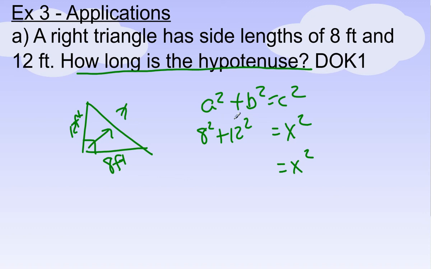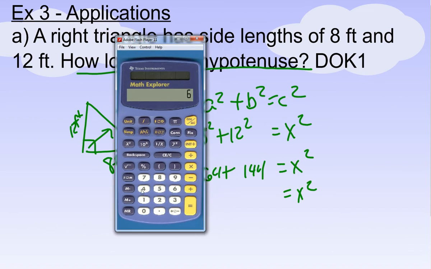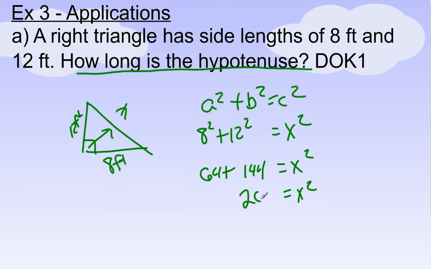Over here, though, I can simplify. 8 squared is 64. 12 squared is 144. Simplify some more. 64 plus 144 is making me think it's going to be 208. 64 plus 144 equals 208.